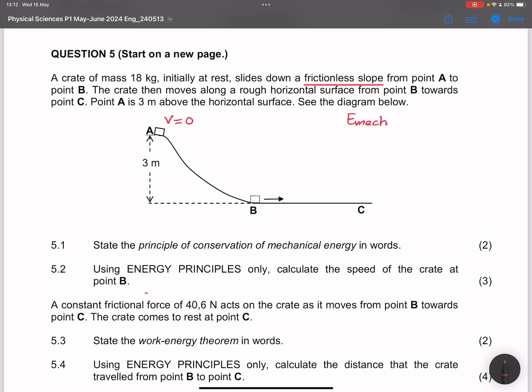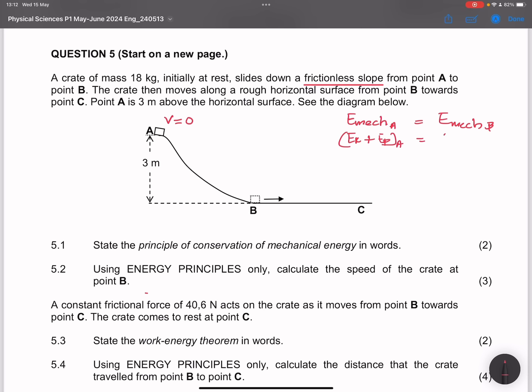So this is where we're going to say Emech at A is going to be equal to Emech at B, right? But note at A, our kinetic energy is 0, but the potential energy would have a specific value there.